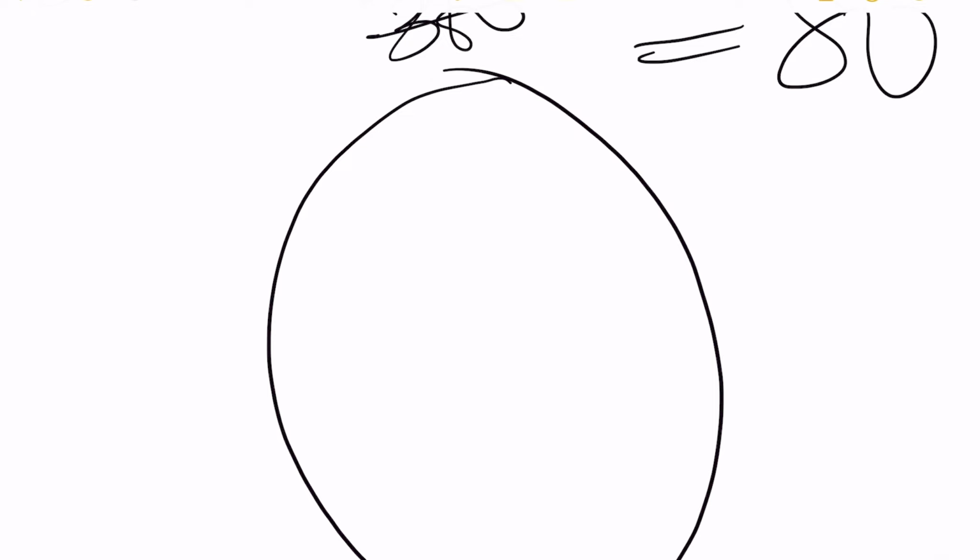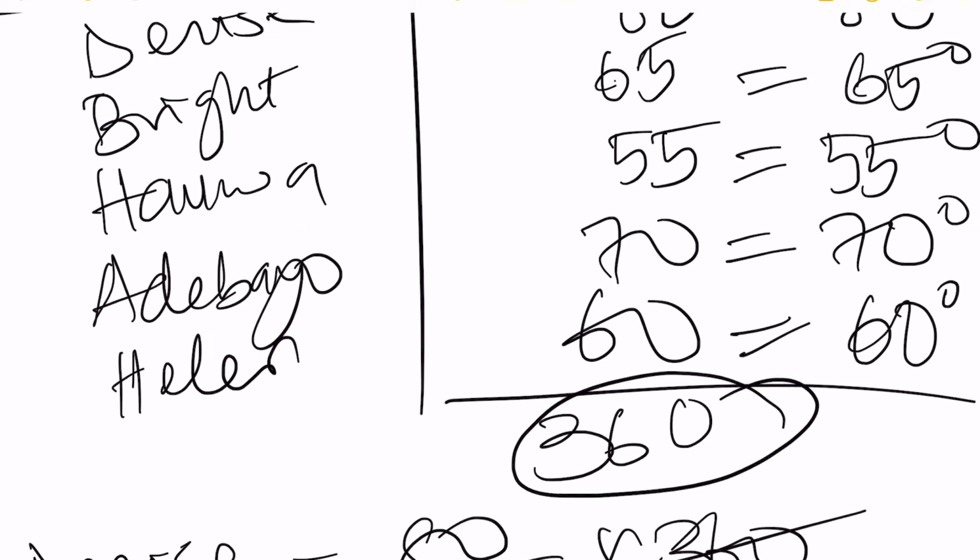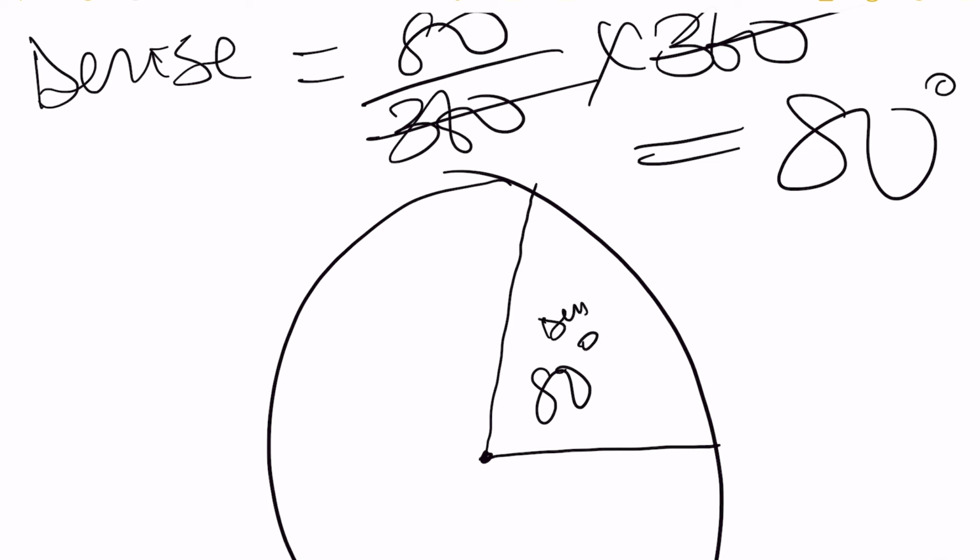Now, illustrating this in a pie chart, we draw a circle and we have a midpoint. The first one, we have 80 degrees for Dennis.